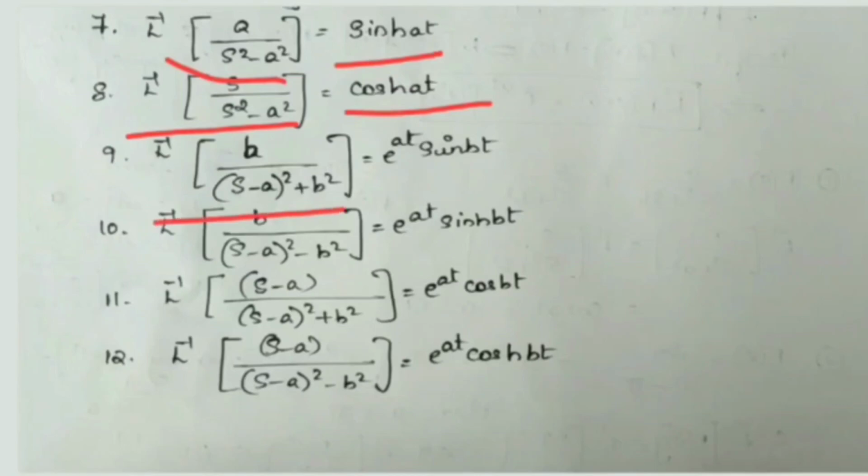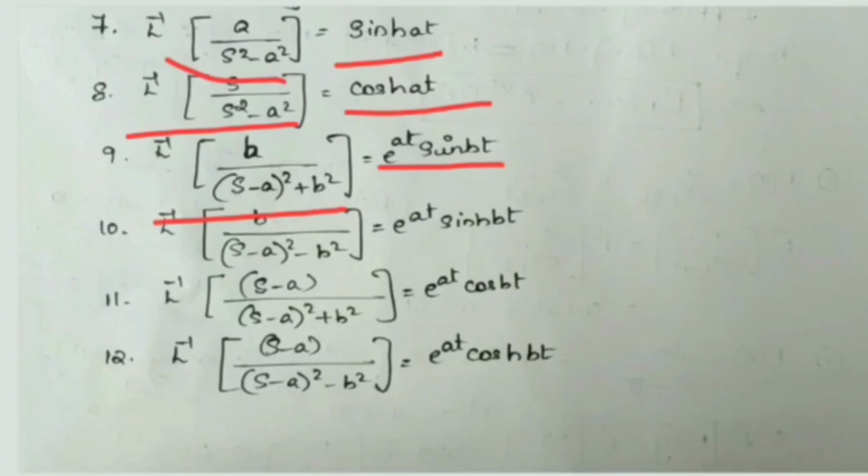Laplace inverse of b by s minus a the whole square plus b square is equal to e raised to at sin bt, e raised to at because s got converted to s minus a. So when we take this e raised to at outside, it becomes Laplace inverse of b by s square plus b square.